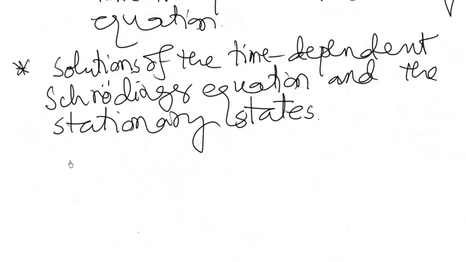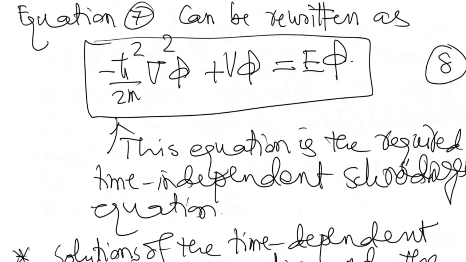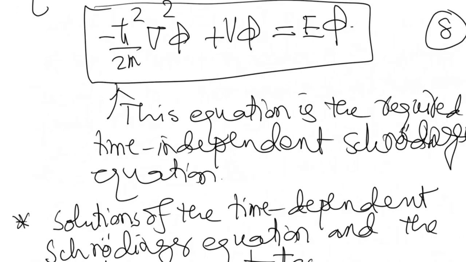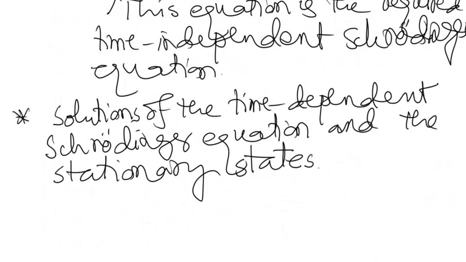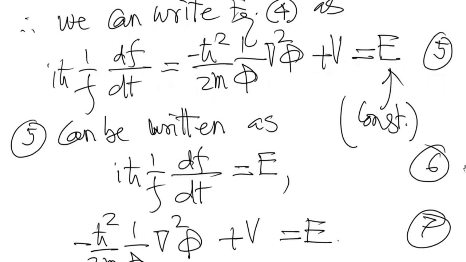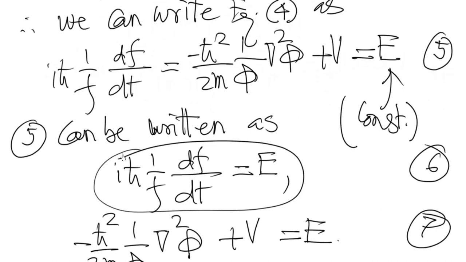From equation 6, see this equation. This is actually the time dependent part of the Schrodinger equation.